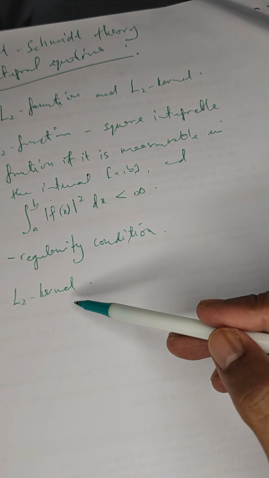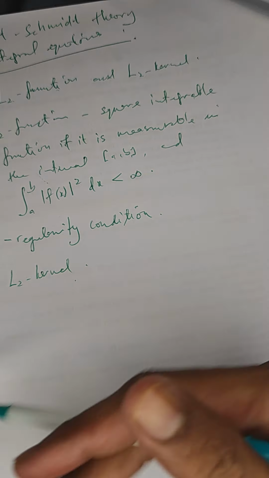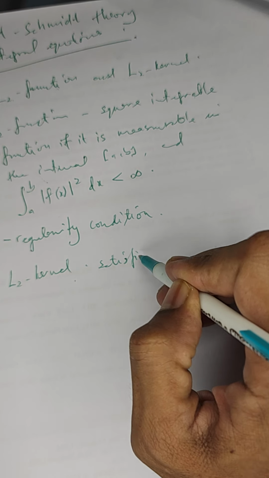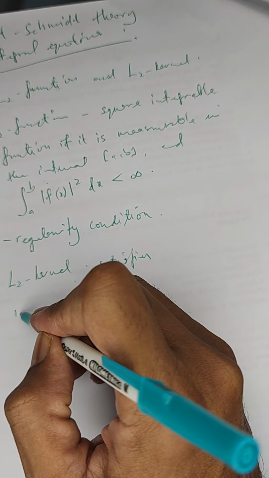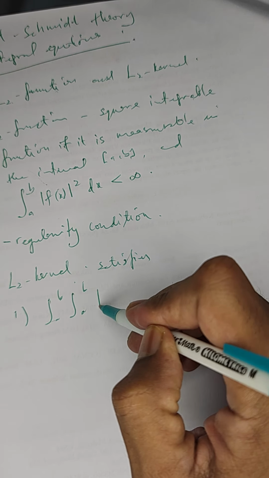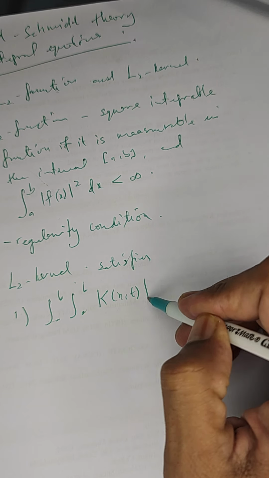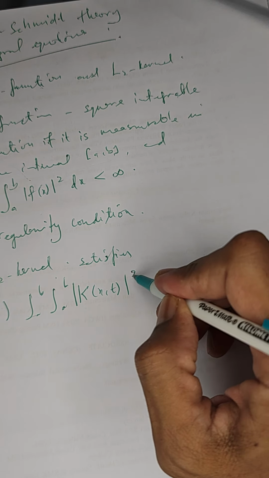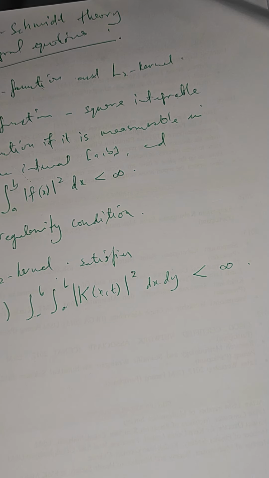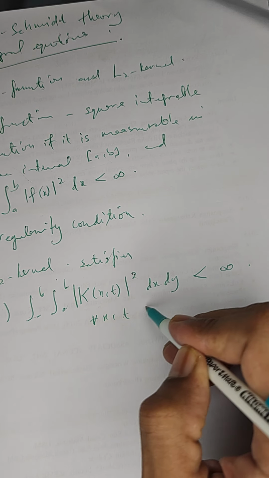We say a kernel K is said to be an L2 kernel if it satisfies the following conditions. First, the integral from a to b of |k(x,t)| squared dx dt is finite, for all x, t in AB.